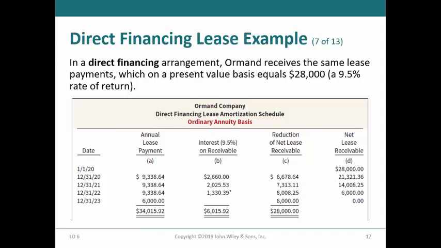You can check this calculation on your financial calculator by using n equals 3, present value equal $28,000, payment is a negative $9,338.64, and future value is a negative $6,000, and solve for I/Y. Don't forget to make sure your calculator is set for end of period payments for an ordinary annuity.